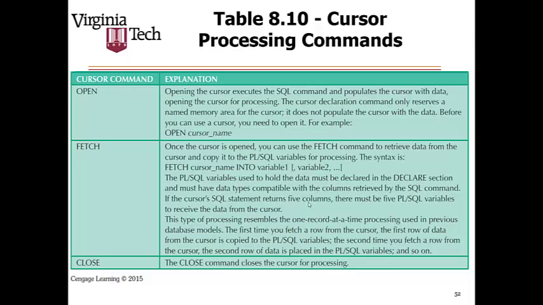Well, the open, fetch, and close of cursors is just used to make things easier. It's a way to go to the next row, and we also have the idea that we're going to keep processing. We're going to open, then we're going to fetch until we reach the end of file, and then we're going to close.